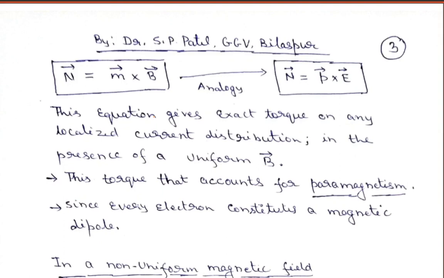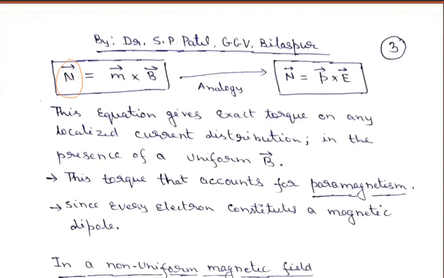Because of this torque, the paramagnetic properties of the material come about. In a paramagnetic material, a large number of dipoles are present, but they are randomly oriented. When we apply the magnetic field, this torque acts on those dipoles and tries to align them in the direction of the magnetic field.